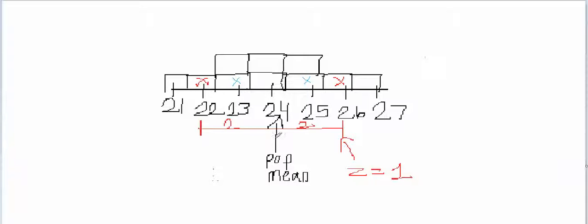And the distance from the population mean of 24 to these boundary points of 25 and 23 was our 60% margin of error, which was 1.